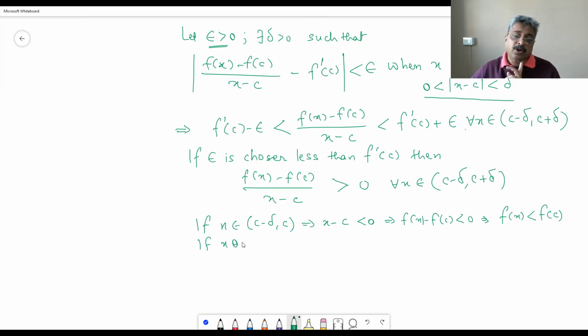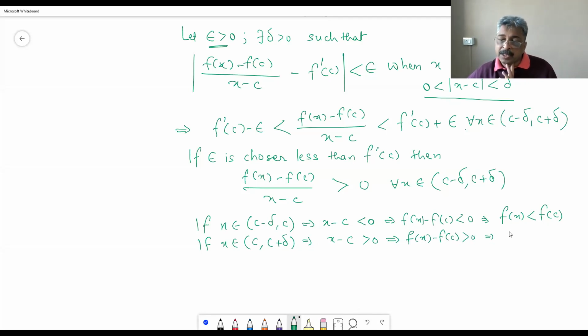If x belongs to c comma c plus delta, x minus c is greater than 0, implies f of x minus f of c is greater than 0, implies f of x is greater than f of c.